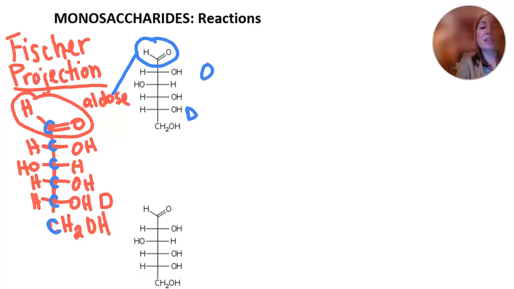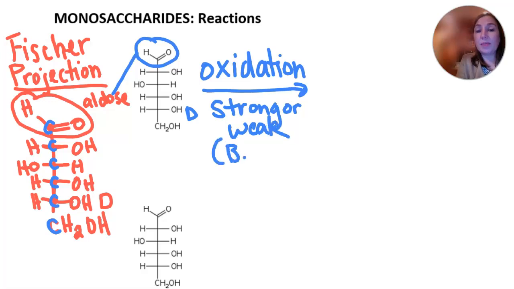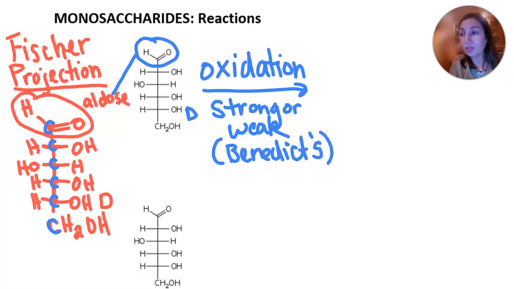So I said we were going to get into reactions. Well, what does oxidation of an aldose look like? Okay, well, we could oxidize. We could use a strong or a weak oxidizing agent. In our labs, that's been a dichromate. The weak one could be our Benedict's reagent. That is what we commonly are using to oxidize sugars.